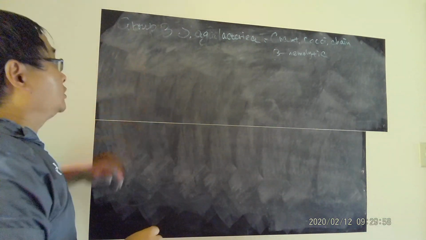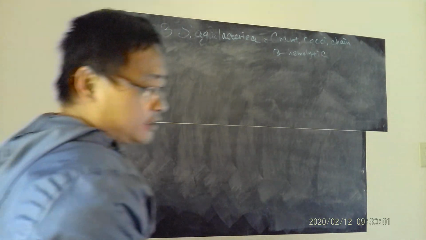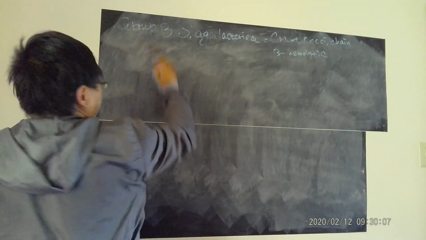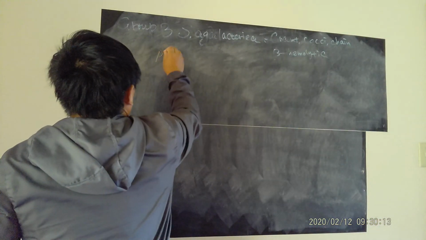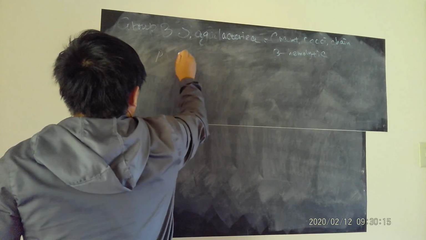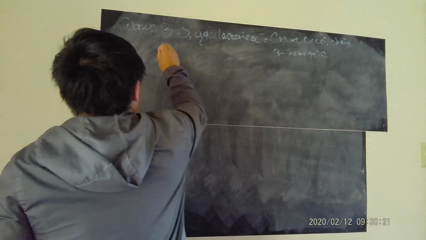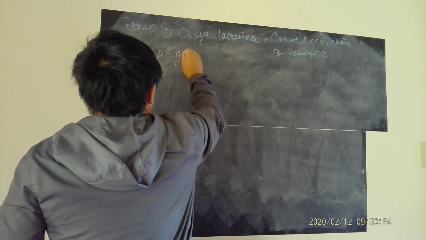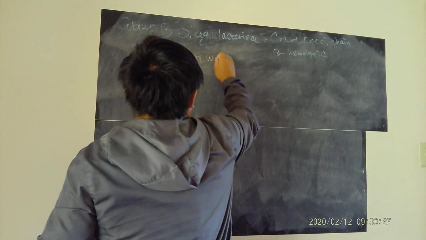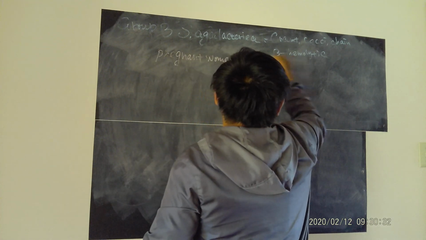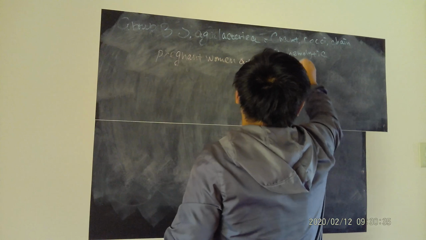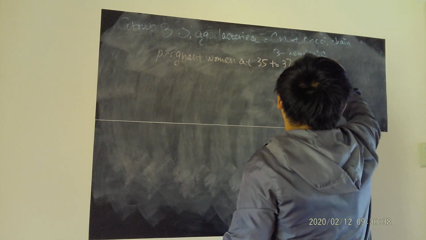Now, what is the key importance of Streptococcus agalactiae? There is one sentence that can describe that: pregnant women at 35 to 37 weeks have to do a screening test.